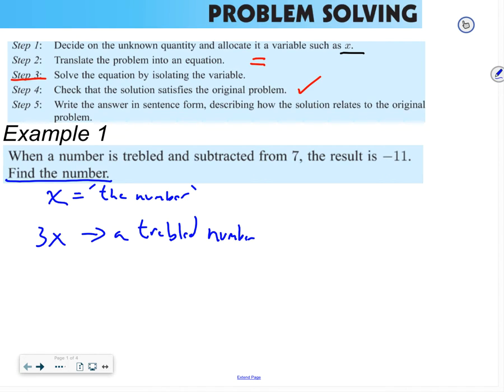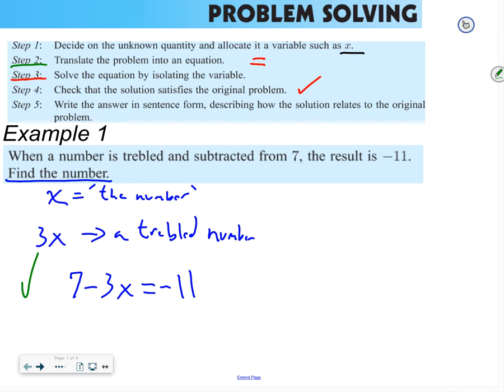Okay, and subtracted from 7. So subtracting from 7, I'm going to do 7 minus the tripled number. Okay, the result is, so it is equal to negative 11. Okay, so I'm done with step 2. I've translated the problem into an equation.